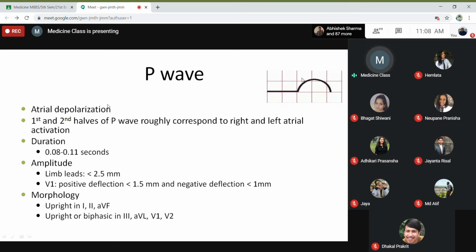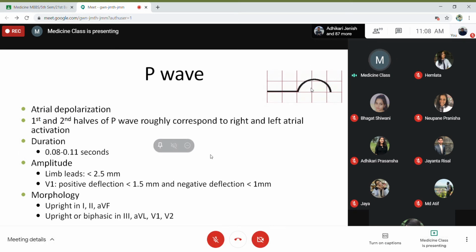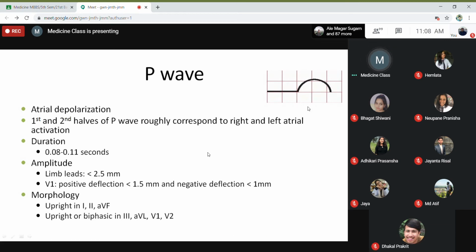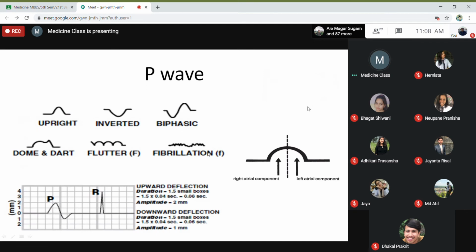So most of the time it's upright, and the duration should not be more than 2.5 squares from here and 2.5 squares from this also. So to remember, it's around 2.5 from both sides. So this is upright, inverted, and biphasic.